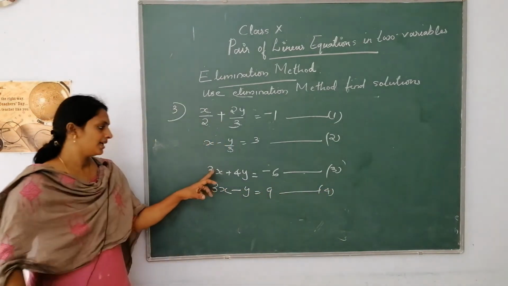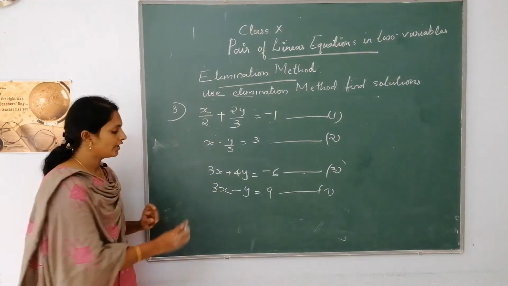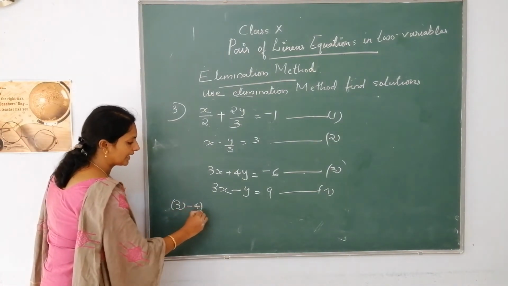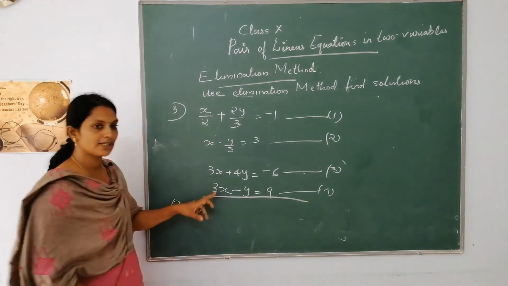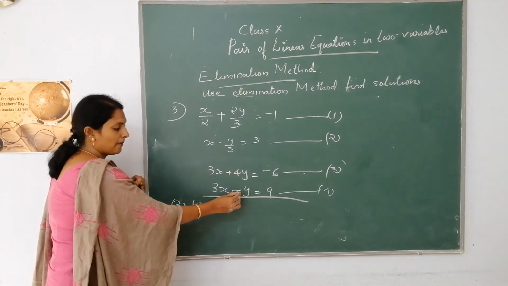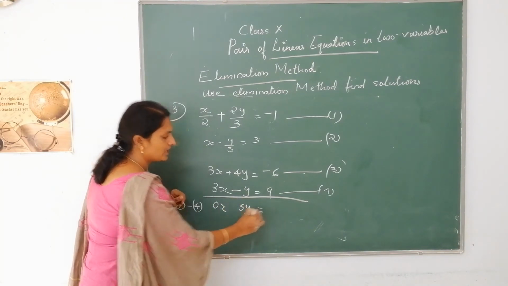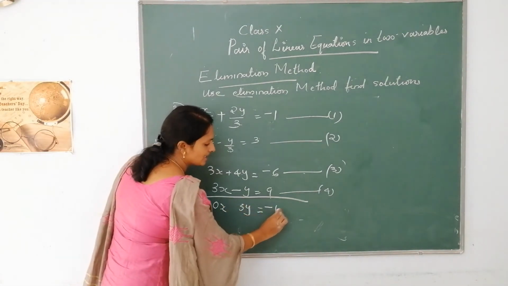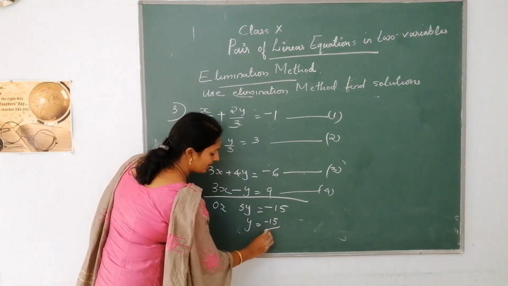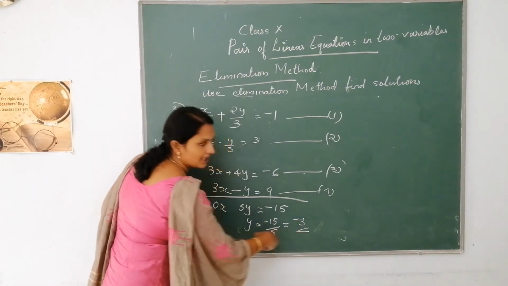Notice that the coefficient of x is equal, so subtract. 3x minus 3x is 0x, and 4y minus y is 5y, is equal to minus 15. Therefore y is equal to minus 15 divided by 5, that is minus 3.